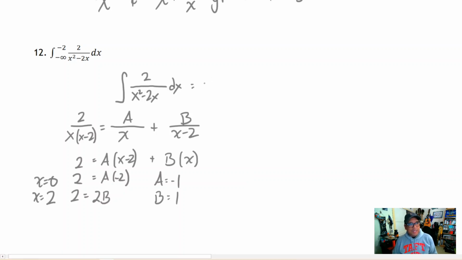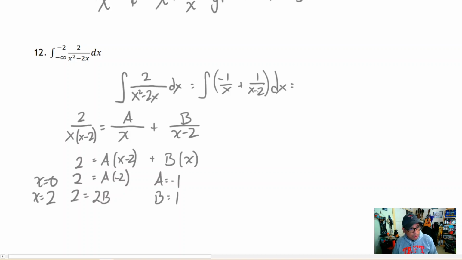Putting that aside, we now have a simplification for this antiderivative. This is going to be the antiderivative of negative 1 over x plus 1 over x minus 2 dx. Now, if you're uncomfortable with natural log integration, then I recommend you make the u substitutions necessary here.